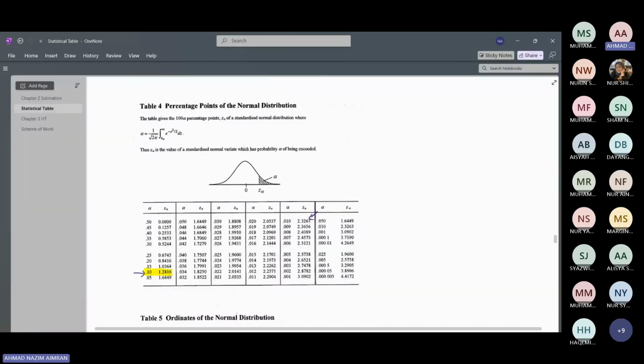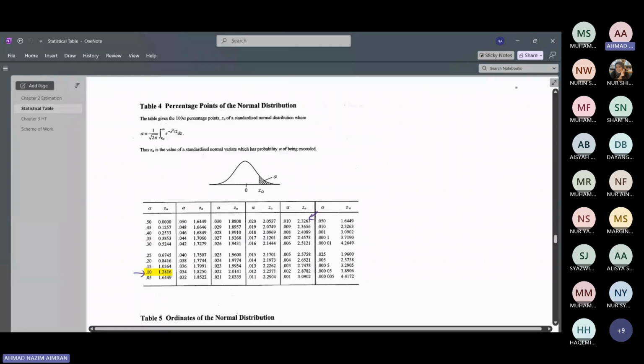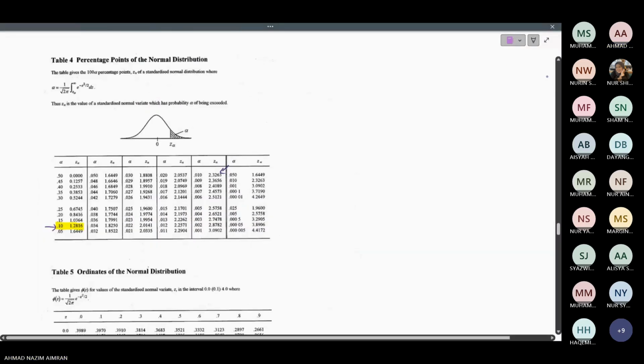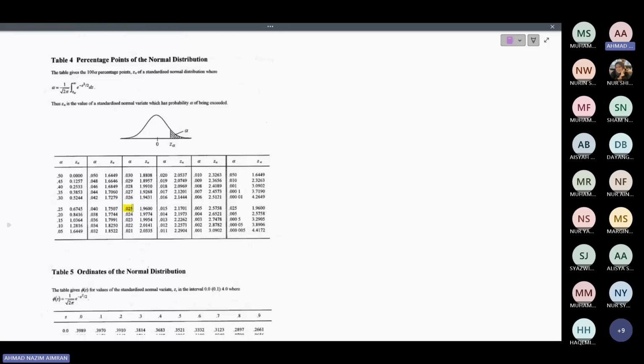This one, right? From this table, find 0.025. So this one is 0.025. The value is 1.96. From table 4, find 0.025 and read the value. It is equal to 1.96.